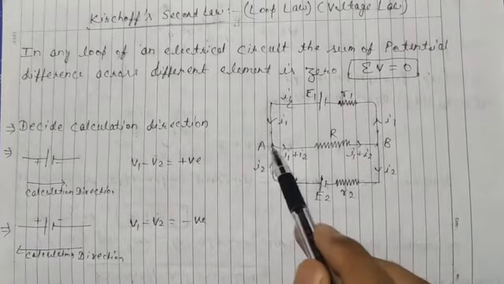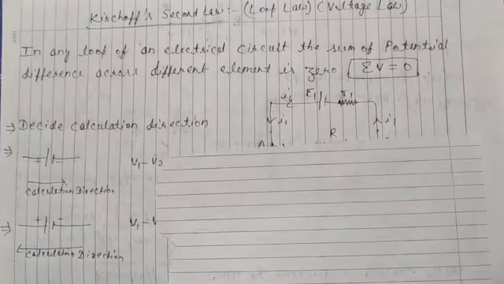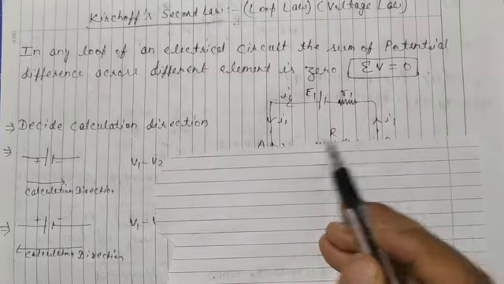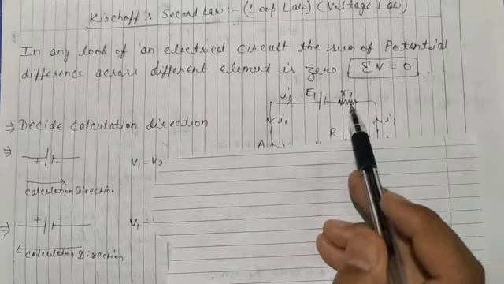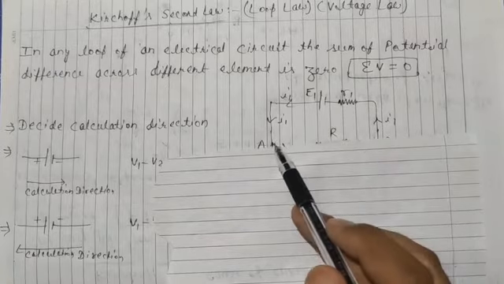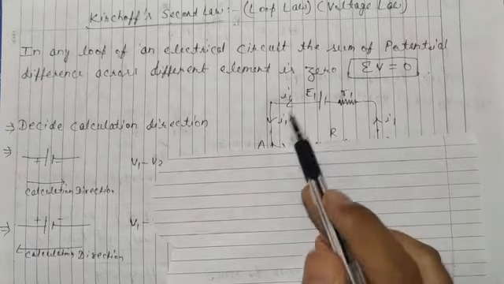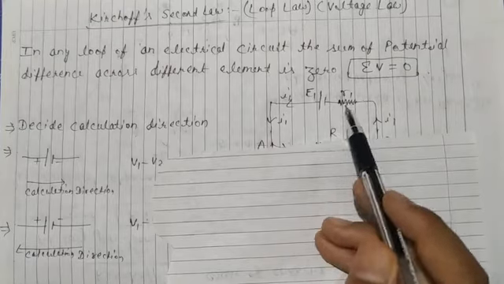One junction to another junction. If we see only this junction, this is one junction and here is another junction, so here the current is I1, and here is also current I1. Why? Because the rule is that in one branch, from one junction to another junction, the current is the same.